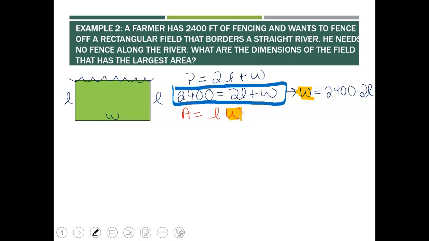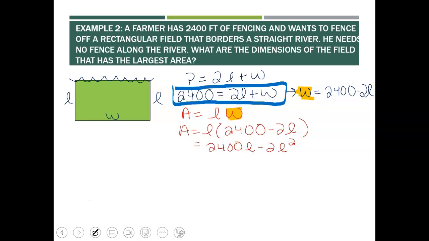Mathematically, I haven't broken any laws. I'm just replacing a variable with another variable. So area is now length times 2,400 minus 2L, or 2,400L minus 2L squared.